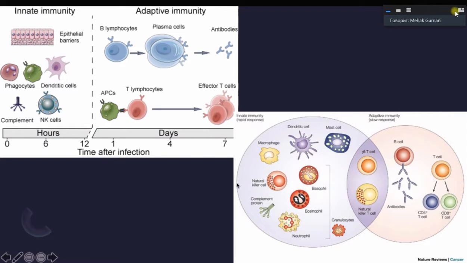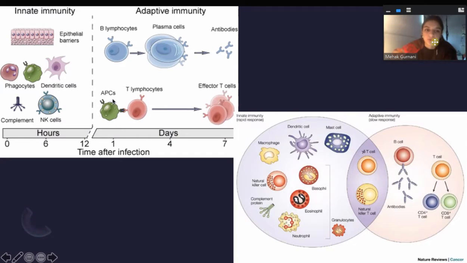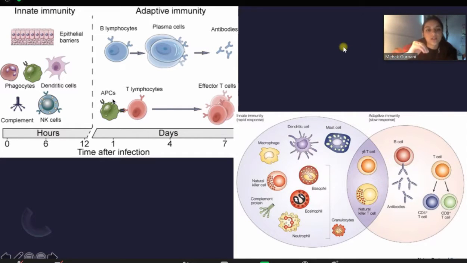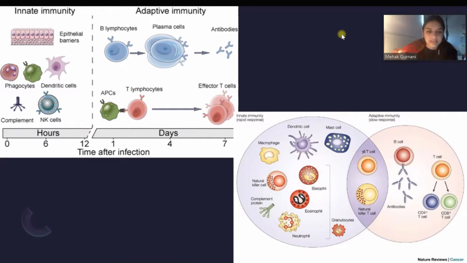The cells that present those antigens, APCs, present them to T lymphocytes, and T lymphocytes then start this whole process. They alert B lymphocytes, and they even alert effector T cells. This whole process mainly helps with killing the cells.